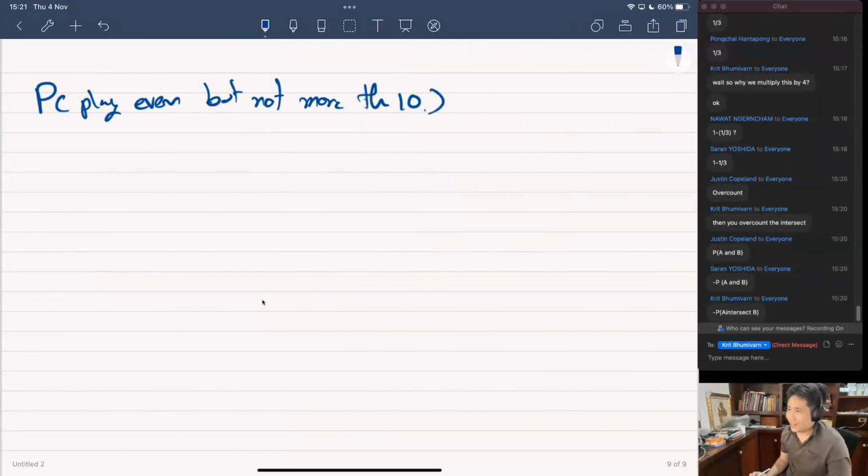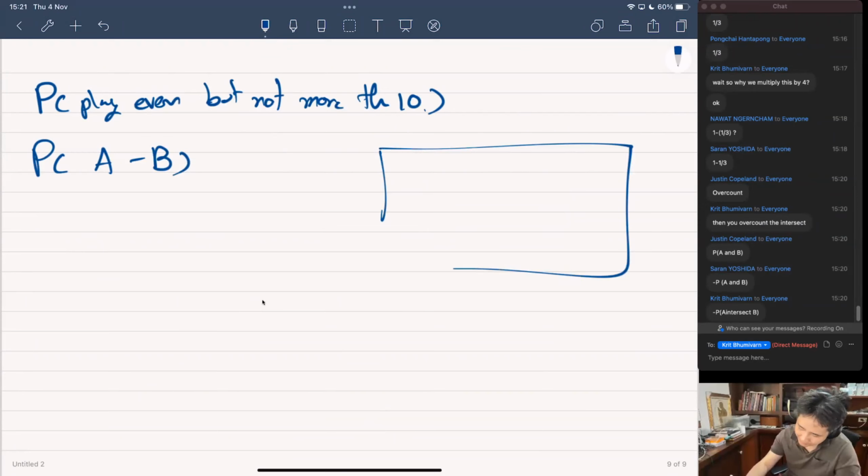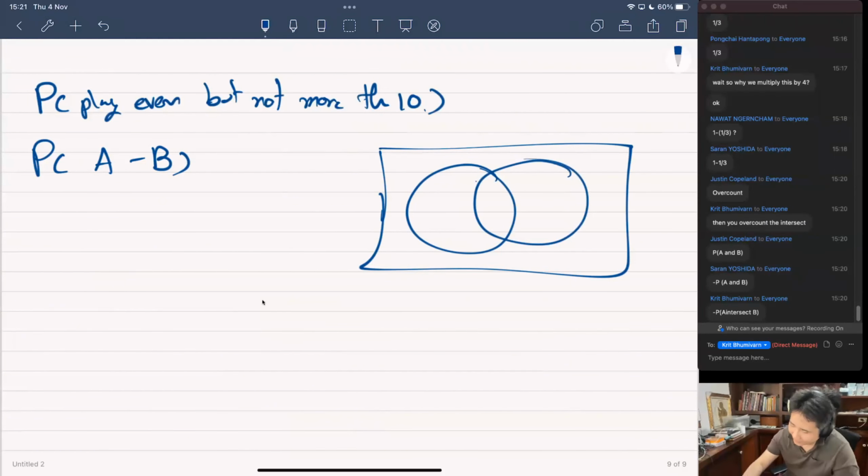Let me draw you the diagram of exactly what we want. So this is like P of A minus B. This thing is A and this thing is B. What is it equal to?